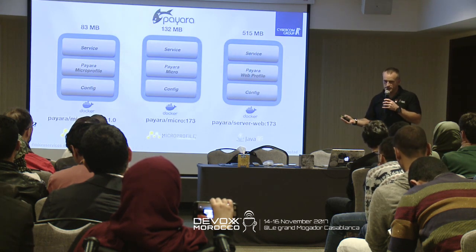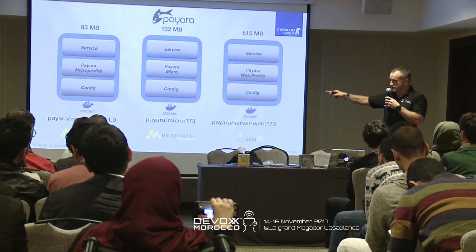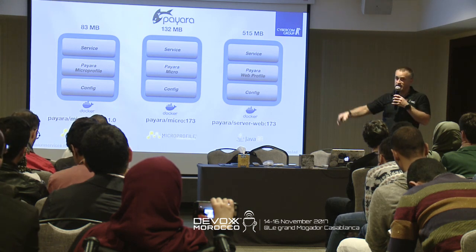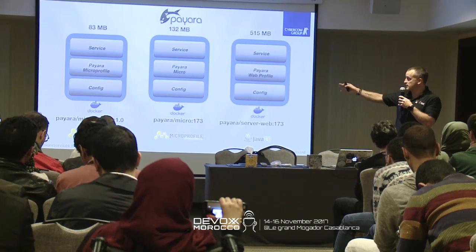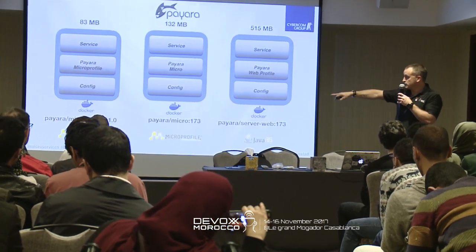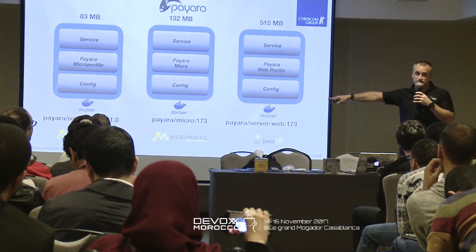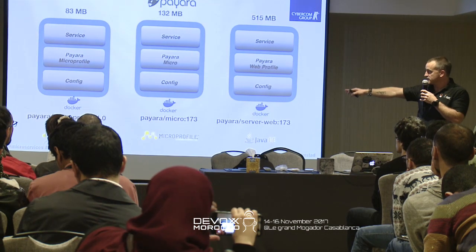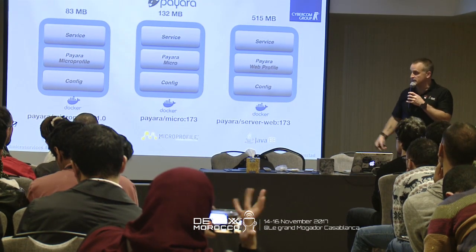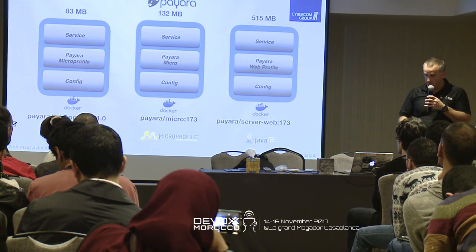If you look at Payara, for example, they also have different images, and for microprofile 1.0 it is only 80 megabytes. For microprofile 1.1 support, they just released the 174 version yesterday, I think. But here the 173 is like 130 megabytes, and the bigger is bigger.